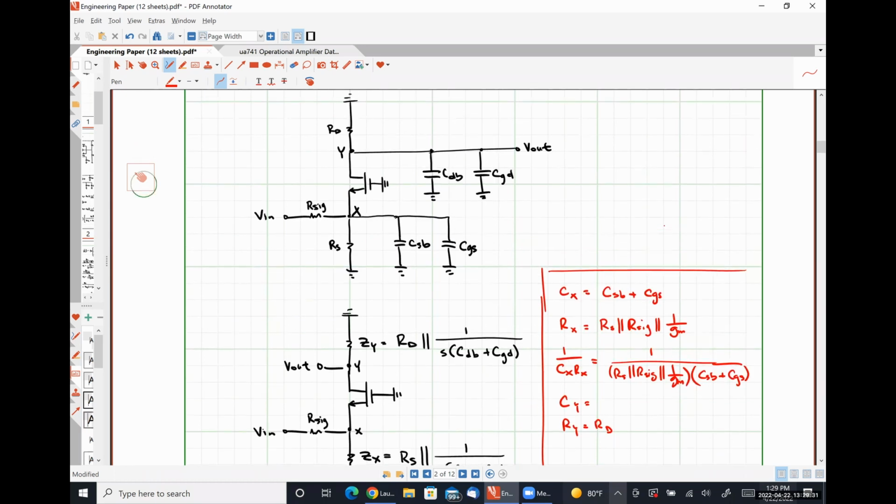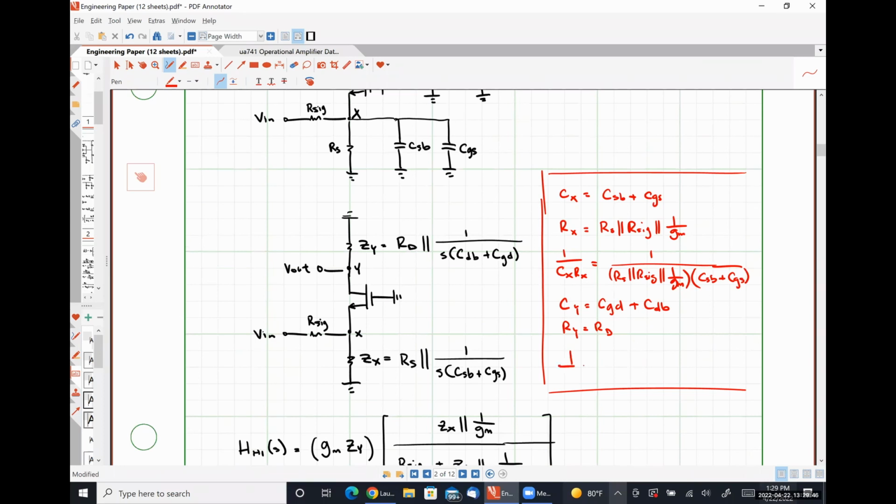Well, CY is obviously just CDB in parallel with CGD. And 1 over CYRY is 1 over RD times CGD plus CDB. Well, there's our other pole frequency with a minimal amount of work.